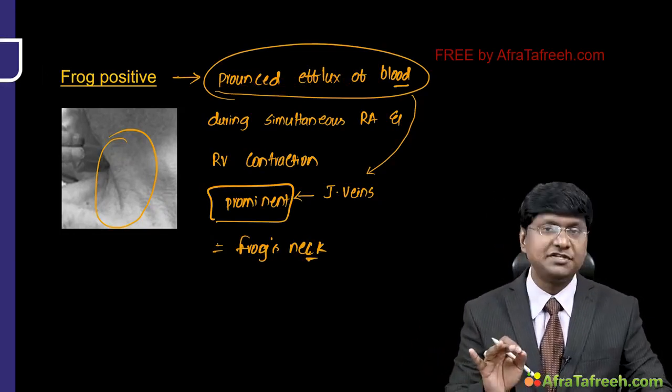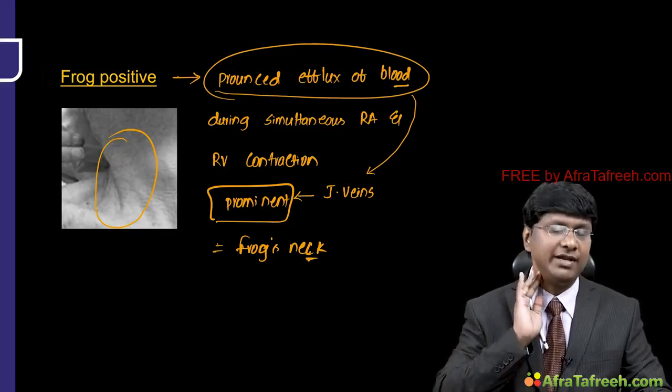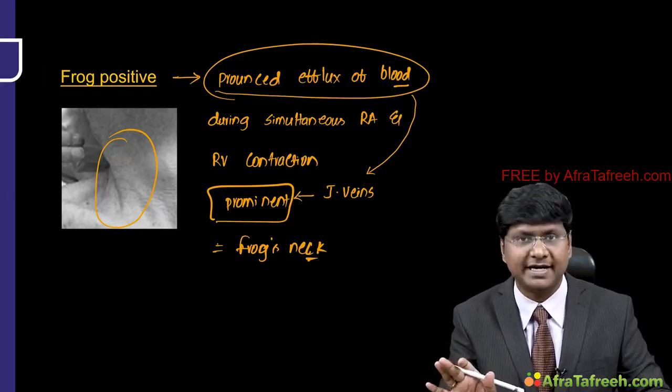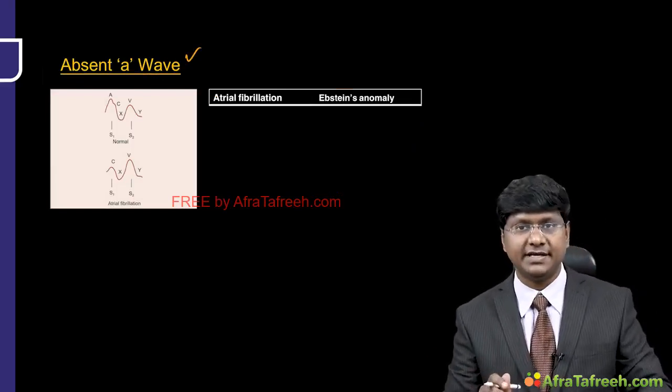It is the one which has been described by Brugada. So this frog positive sign within the jugular vein is seen in case of the Cannon A wave, particularly like complete heart block.